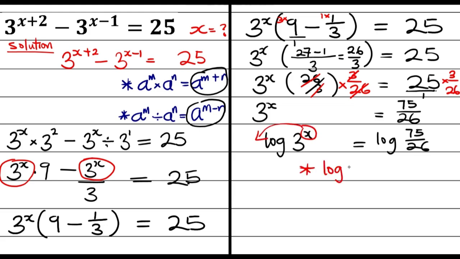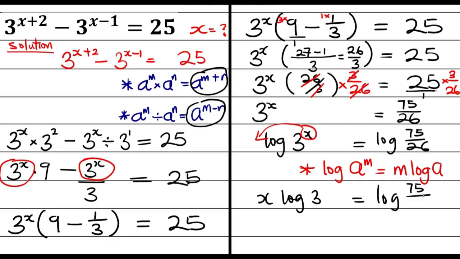According to this rule, the log of a raised to the power of m definitely is going to result in m log of a. That's exactly what's going to happen here. Therefore, I have x times the log of 3 now equal to the log of 75 over 26.